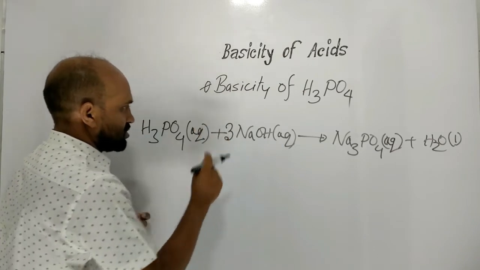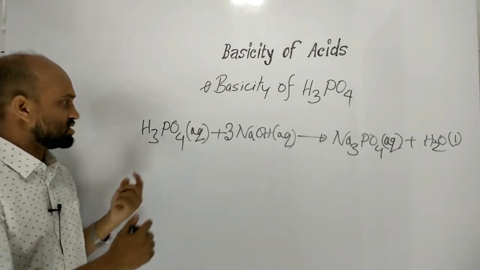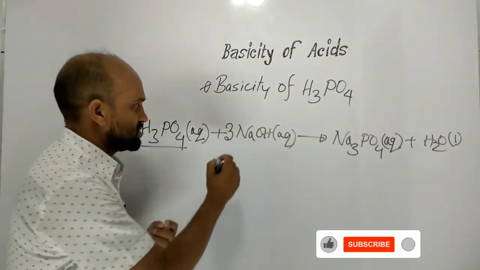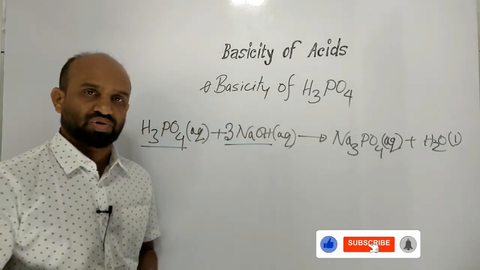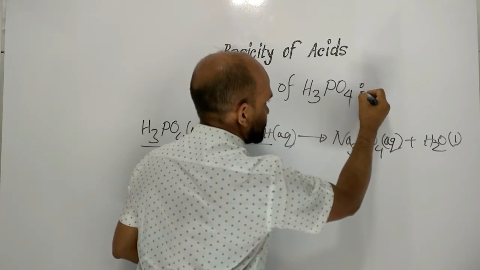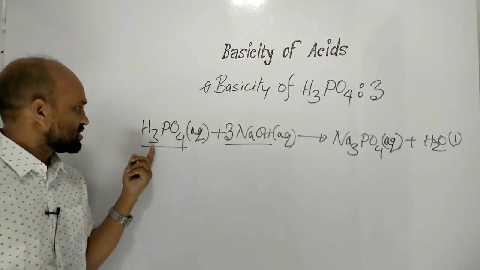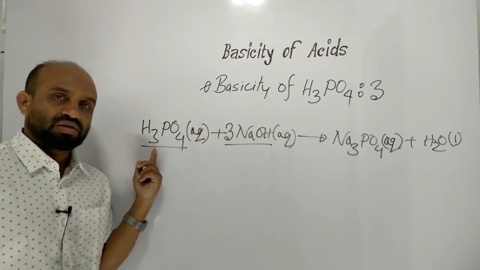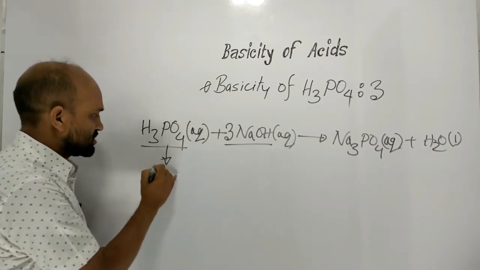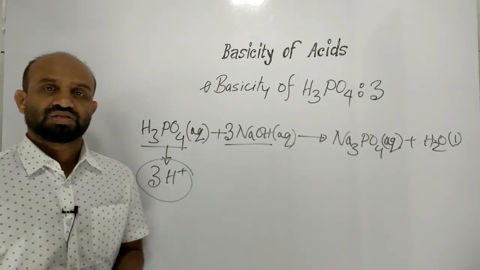So there will be 3 here. In this reaction, we see that 1 mole of phosphoric acid neutralizes 3 moles of sodium hydroxide. That is why basicity of phosphoric acid is 3. Here actually 3 hydrogen atoms of phosphoric acid are ionizable. That is why its basicity is 3.